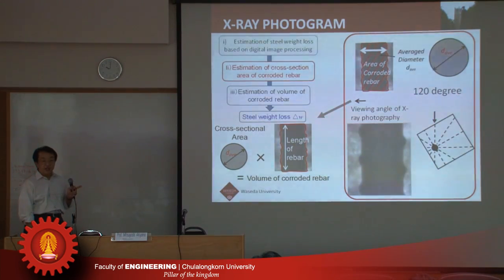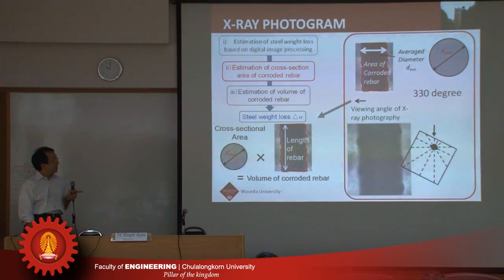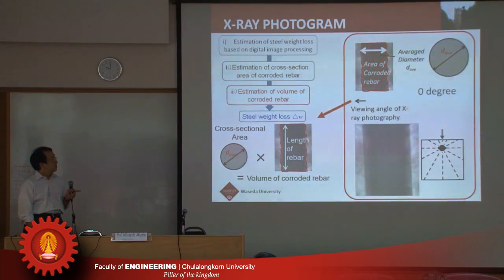From each picture, the averaged diameter of corroded rebar is estimated. Using many pictures with different viewing angles, the volume of corroded rebar is calculated. So finally, we can obtain the steel weight loss by using X-ray photogram.